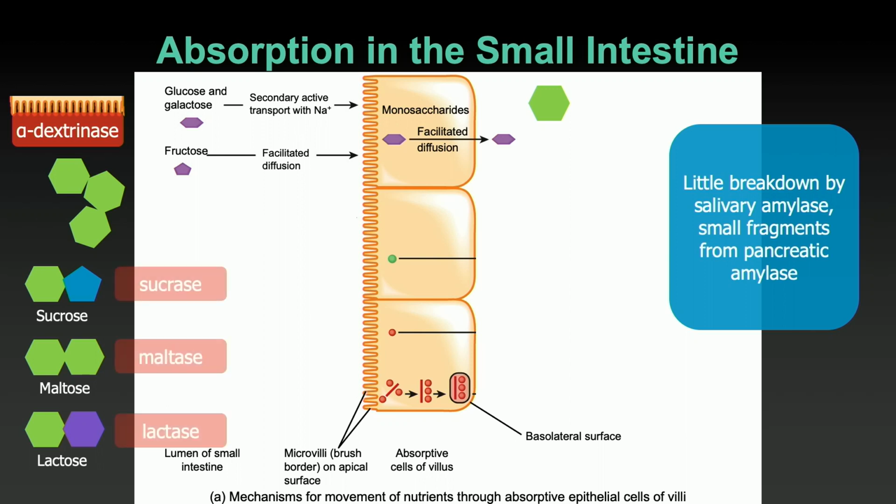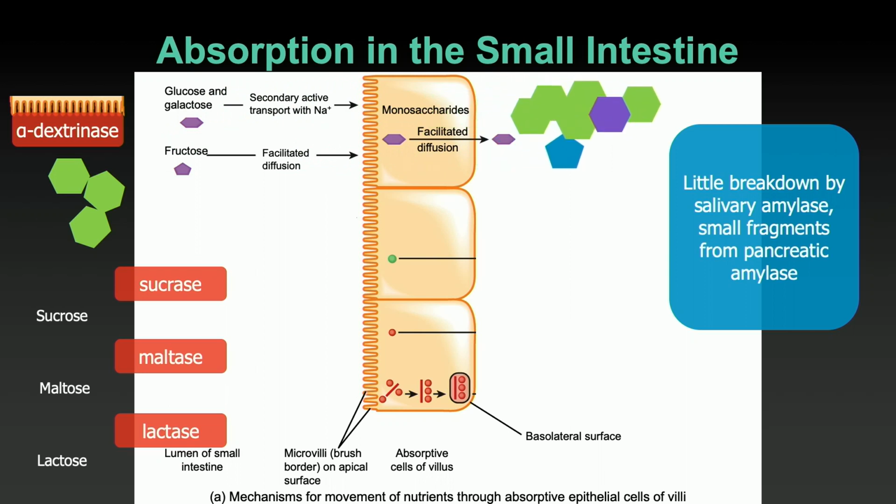And each of these has their own individual enzyme, again, in the brush border cells. The membrane of the cells in the microvilli have enzymes poking out that specifically break down these disaccharides. So sucrase breaks down sucrose, maltase breaks down maltose, lactase breaks down lactose, and boom, they all go through.